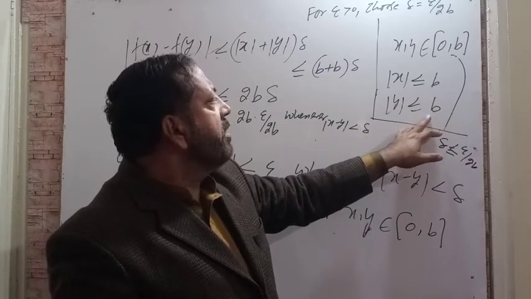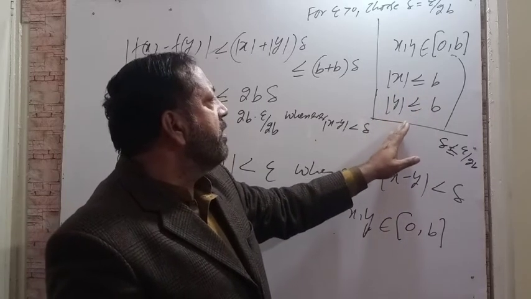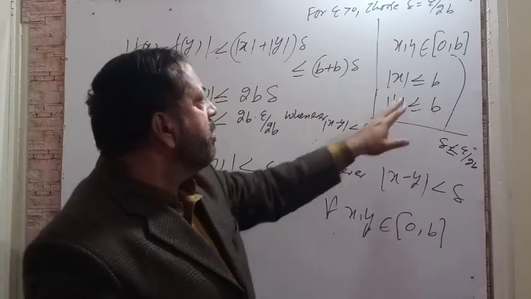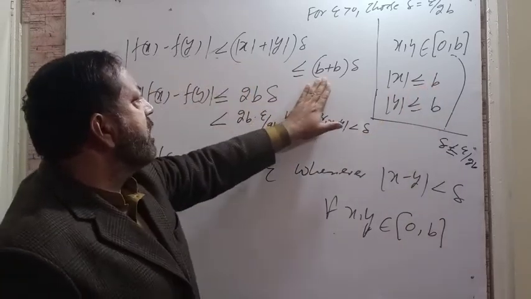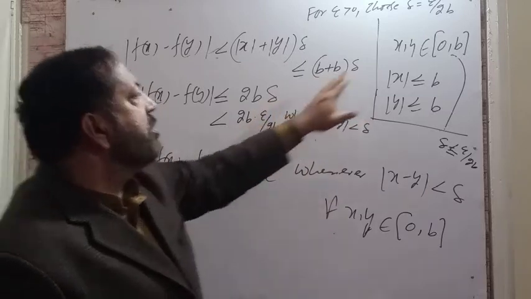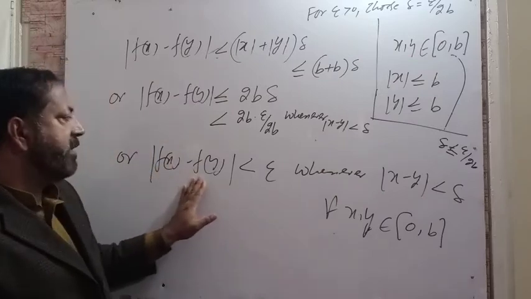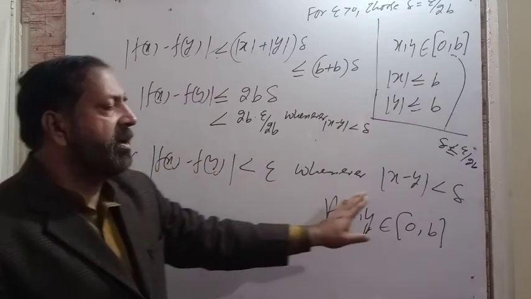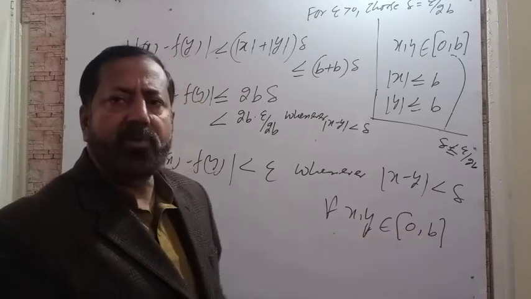So therefore, by using the fact that this is less or equal to (b + b) delta, which is 2b delta, and then by choosing delta equal to epsilon by 2b, you get that |f(x) − f(y)| is less than epsilon whenever |x − y| is less than delta, for all x, y belonging to the closed interval [0, b].